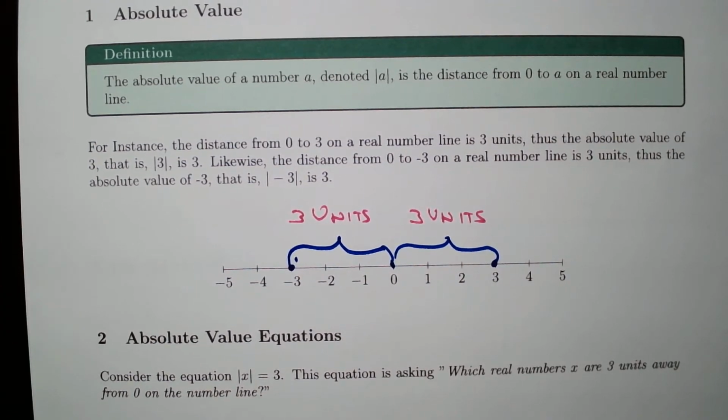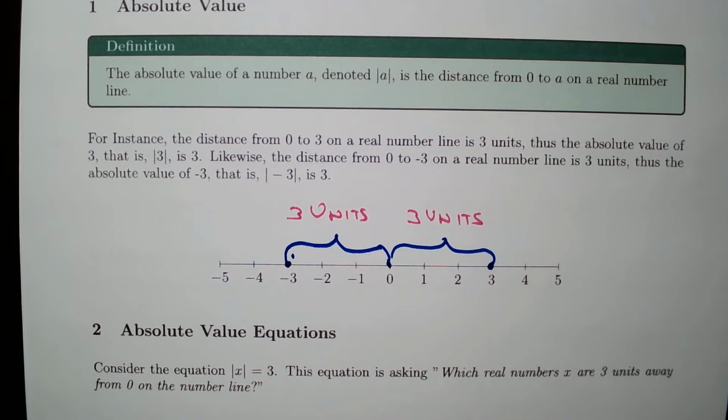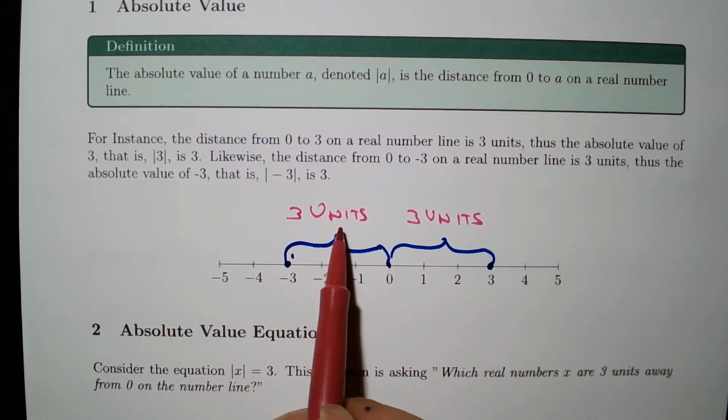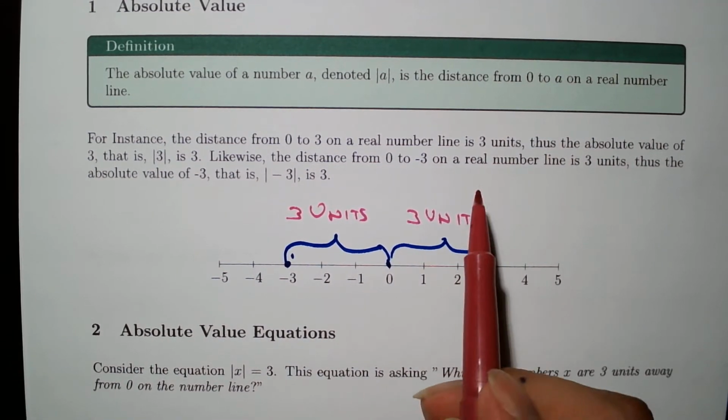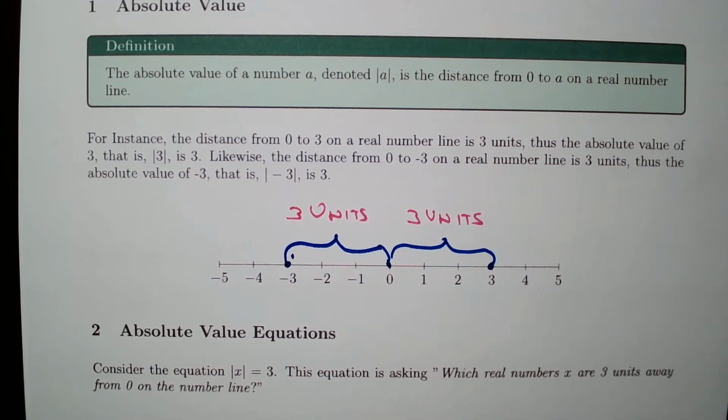You can think of this like walking. If you are standing at a point, you take 3 steps forward, and then 3 steps backwards. The moment you walk 3 steps backwards, that doesn't mean you are doing a negative distance. It's still a positive distance of 3 units, just in the opposite direction, backwards or to the left, as opposed to forwards or to the right.